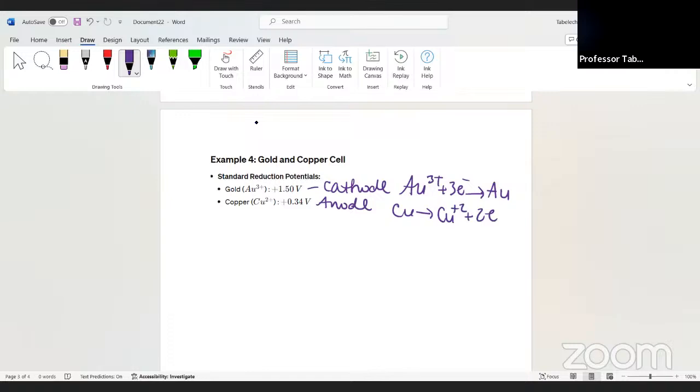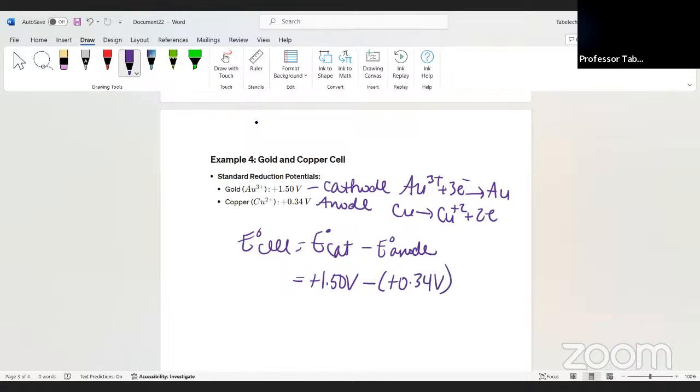Now we're going to take our E cell and say again the cathode minus the anode. So we're going to take our cathode, which is positive 1.50 volts, minus the positive 0.34 volts.